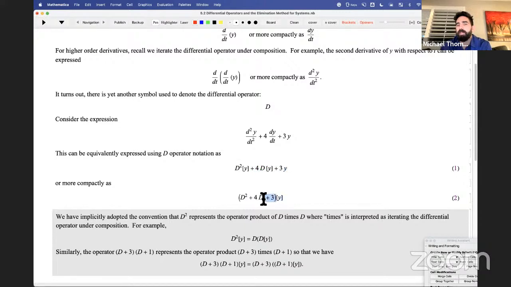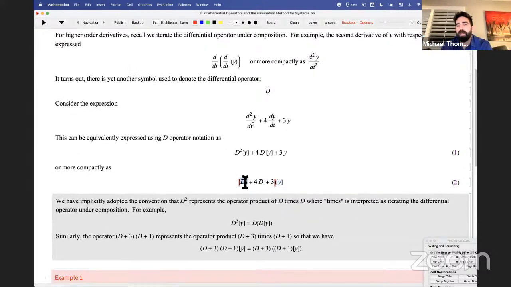Now we have this operator on the left, which is a combination of operators, but it's a new operator, D squared plus 4D plus 3. We usually denote the outside operator with parentheses around it, like so. This is telling us what to do to that function y.